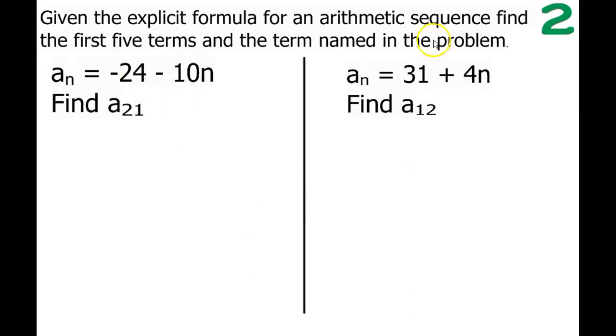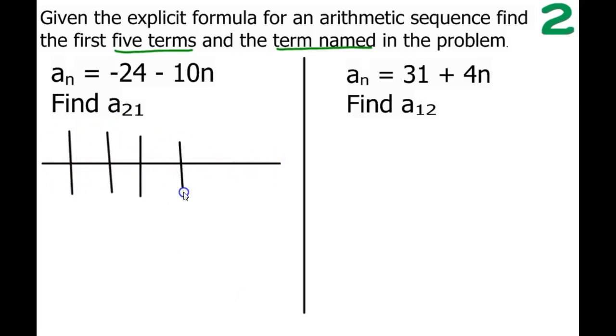But regardless, they're asking you to find the first 5 terms and then the term named. So I'm going to make a little chart here so it's easy for me to list all of my numbers. I'm going to find the first 5 terms, so 1, 2, 3, 4, 5. And then we're also going to find when n is 21. So we're also going to plug in a 21.